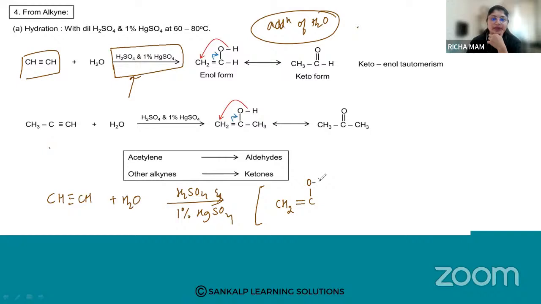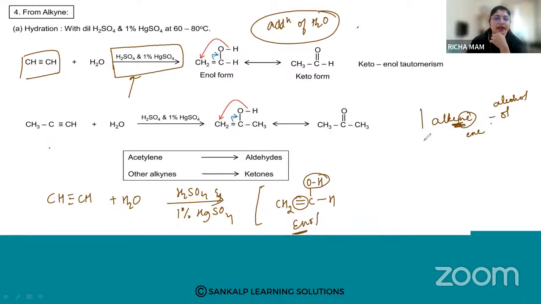So what do you mean by keto-enol system? Here, "en" is your alkene, the ene, and "ol" is your alcohol.